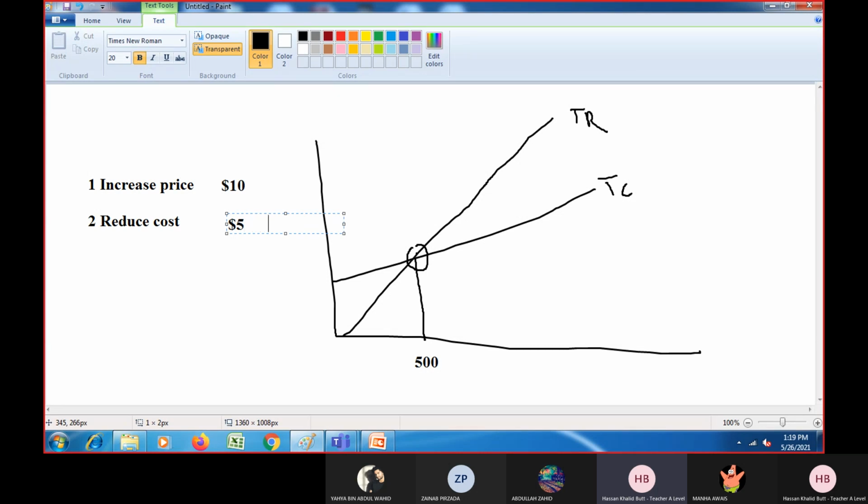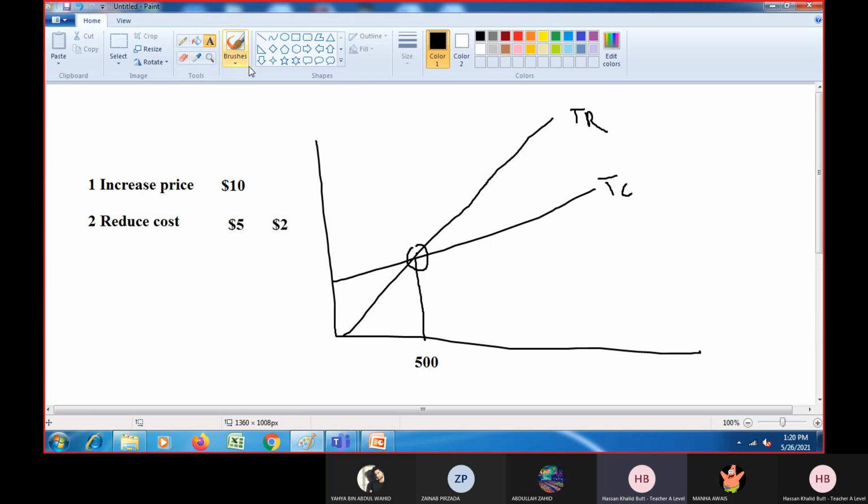Like, let's say you ask some workers to leave, you buy a relatively lower quality raw material, or you switch to a supplier who can offer you the same raw material at a low price, right? So whatever way you choose, let's say you are able to bring your cost down to $2, instead of 5. So now what will happen?